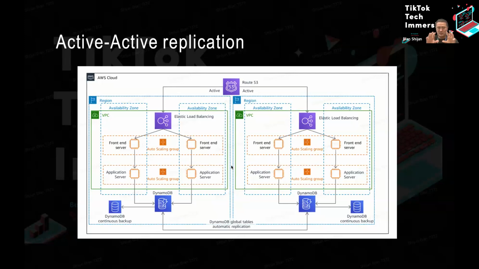If the traffic is randomly distributed, right? You need to make sure the data written to your DBs is consistent with each other. Otherwise, probably one DB will overwrite what you just updated in another DC. So this is one kind of strategy of disaster replication.